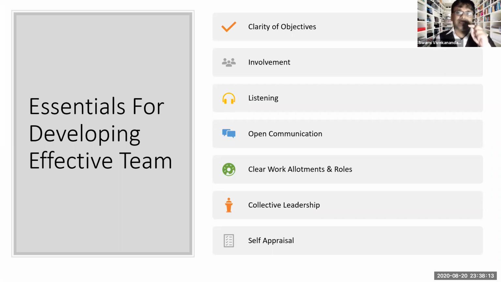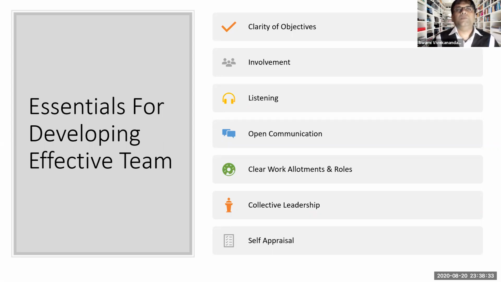So that's why listening should be encouraged. When somebody is giving some ideas, that should be encouraged and others have to listen. The team members have to listen to the team leader and the team leader has to listen to the team members.